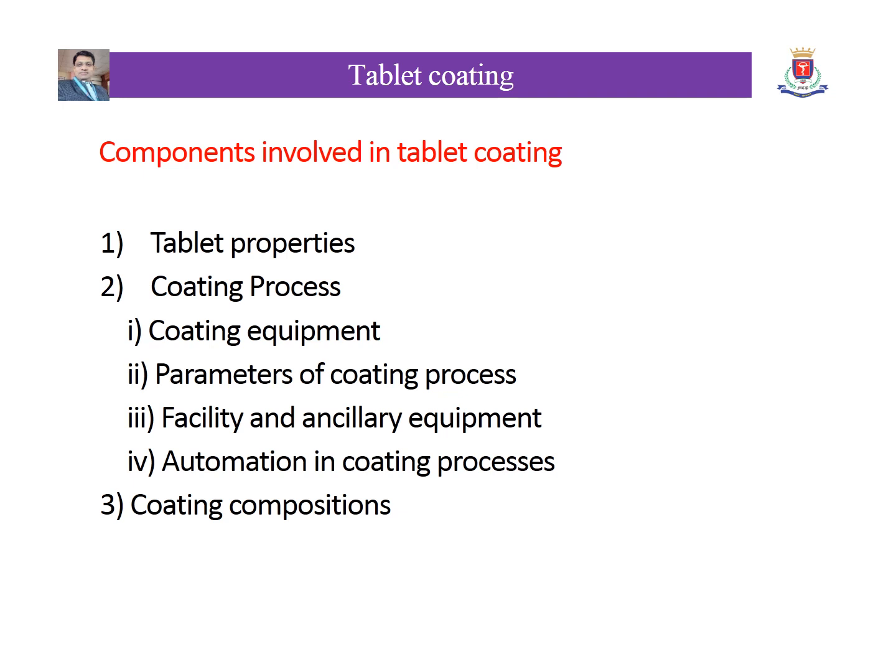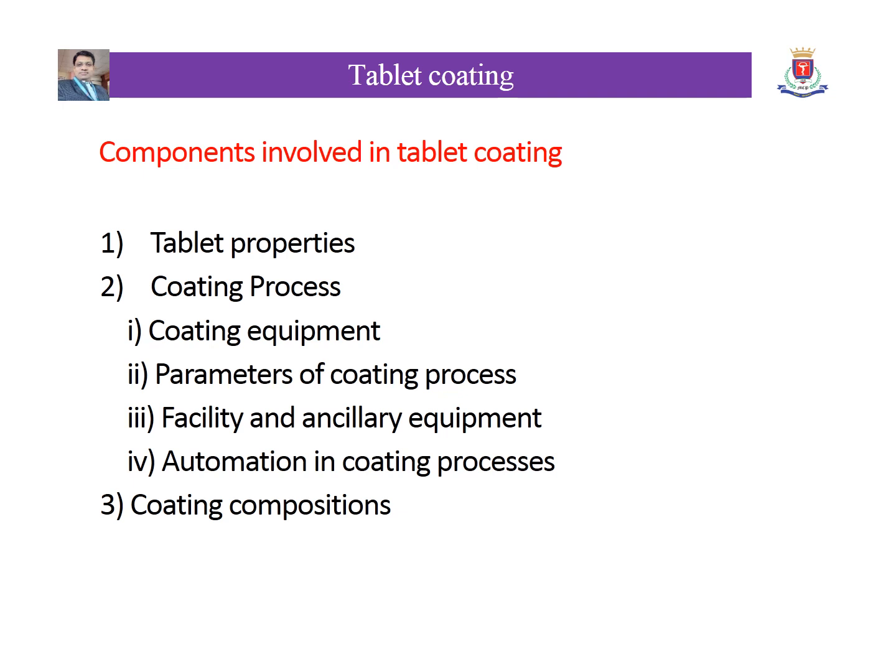The applied coating changes from a sticky liquid to a tacky semi-solid material. While cascading in the coating pan, the ideal shape of the tablet is spherical. The other shapes of tablets are not so suitable for coating.